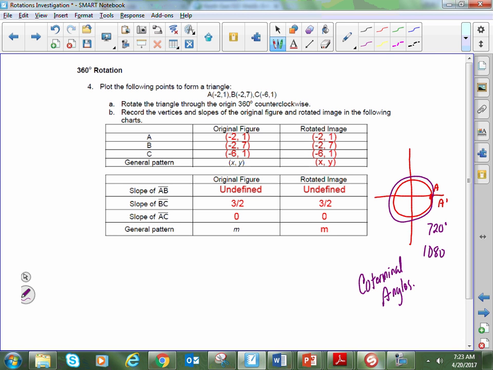So if I was here at 90 degrees and then I rotated another 360 degrees, that would be considered a coterminal angle. If I rotated another 360 degrees, that would be a coterminal angle, because I wind up in the same spot as where I started at, just I've taken more rotations to get there.